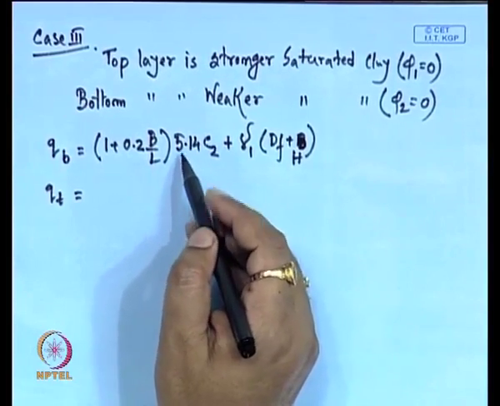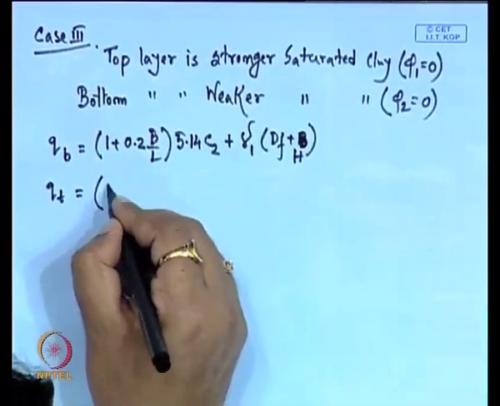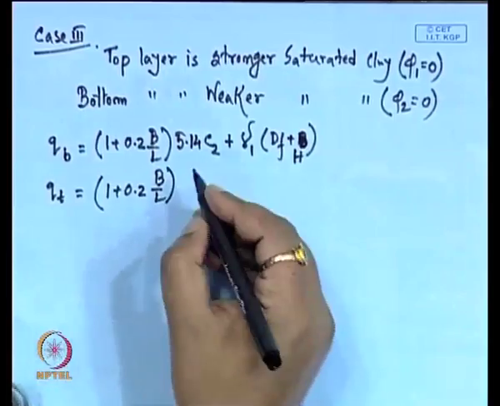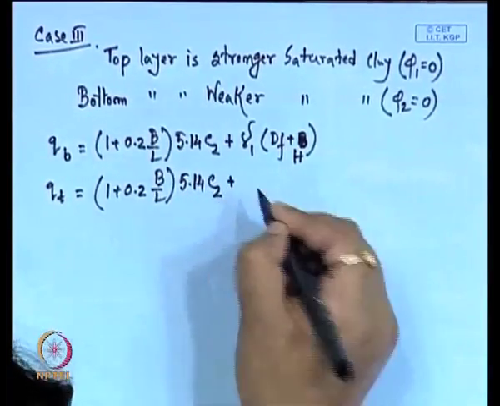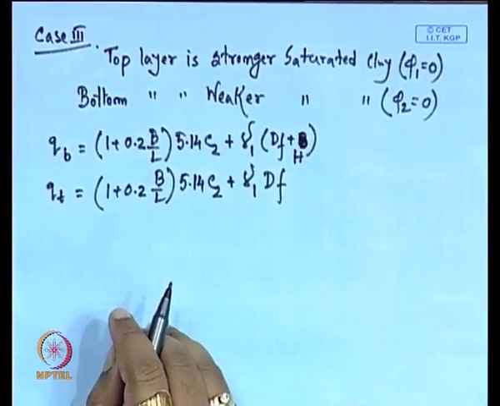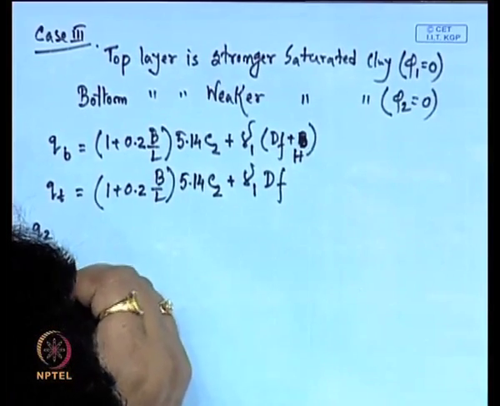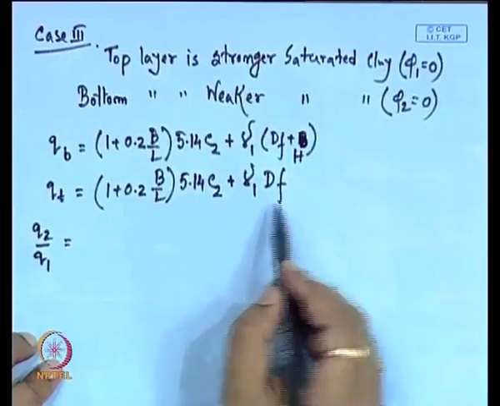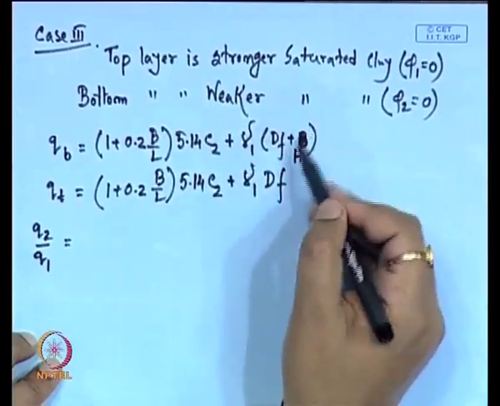2 is 5.14. Similarly, Q top will be 1 plus 0.2 B by L, this is 5.14, plus gamma 1 into D F. So, ultimately we can write the ratio Q 2 by Q 1, where it is in the surface. If it is in the surface, then this part is gone, so this part is 0 again.